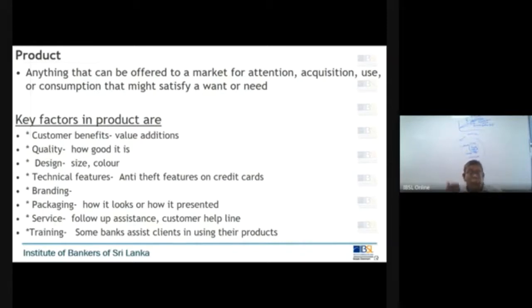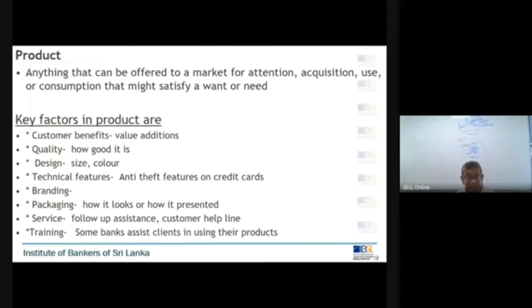And also you look at branding. Okay, what is a brand? When you go to buy LG, Panasonic, Sharp, you look at the branding also. Because the product is associated with a brand. And packaging, how it looks, how you package the product, right?